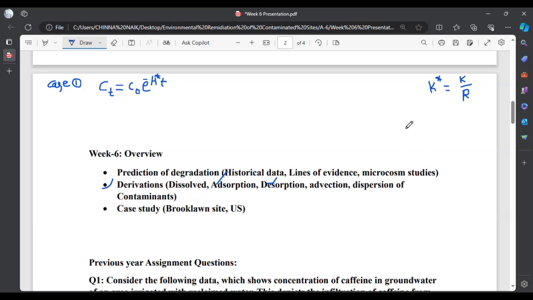We know the formula for retardation: 1 plus rho b, that is bulk density, times Kp, the partition coefficient, divided by epsilon, that is porosity.